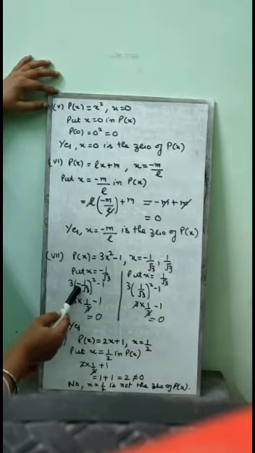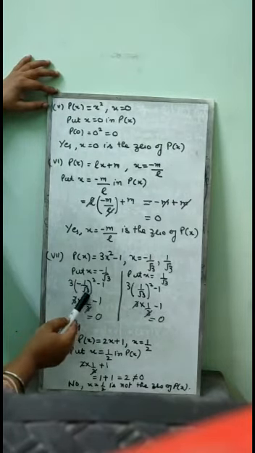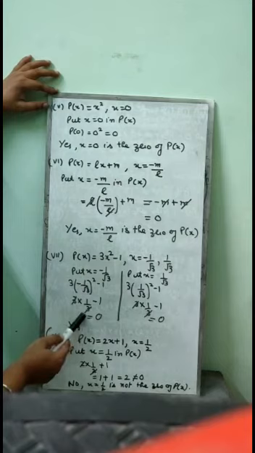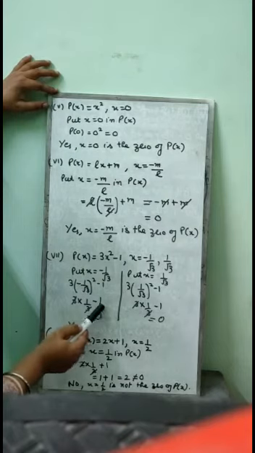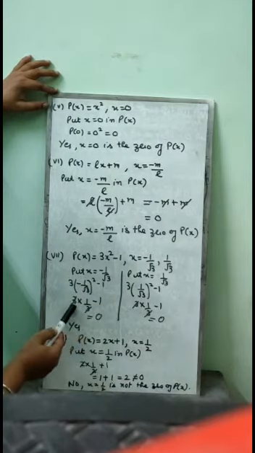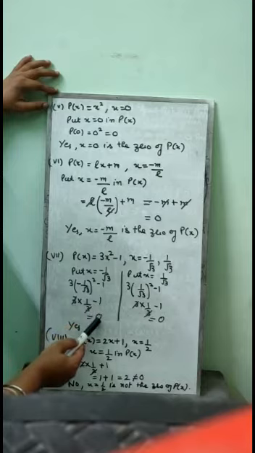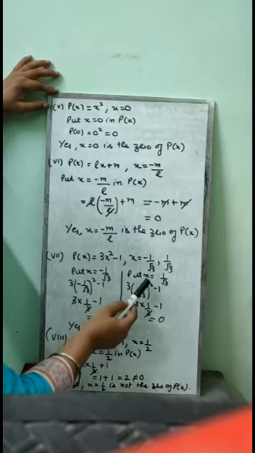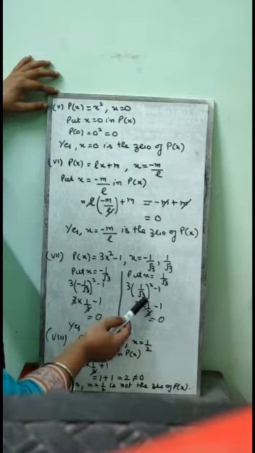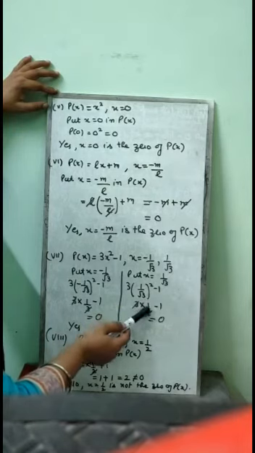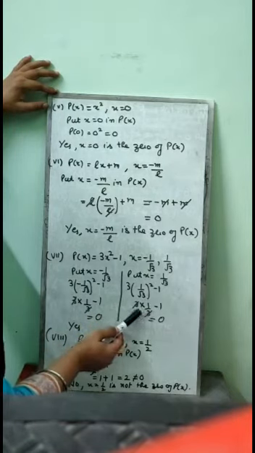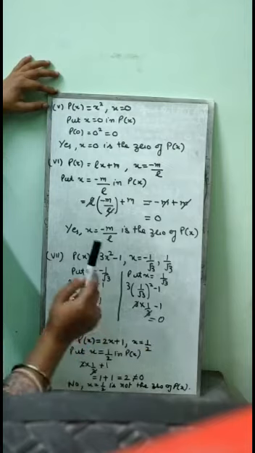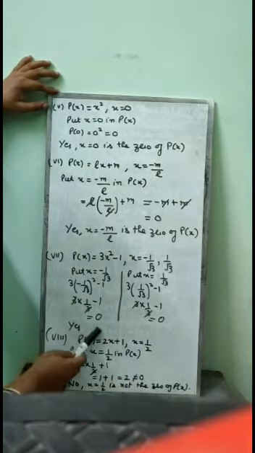Square of minus is plus, square of 1 is 1, square of under root 3 is 3, and minus 1 is as it is. 3 and 3 will be cancelled and 1 minus 1 will be equal to 0. When you put x is equal to 1 by under root 3, square of 1 is 1, square of under root 3 is 3, 3 and 3 are cancelled, 1 minus 1 is 0. Clear? So you will write yes.